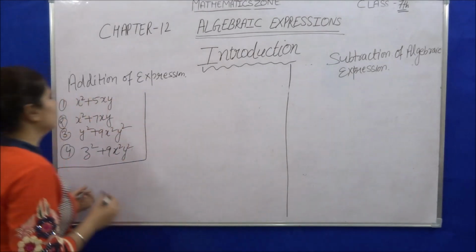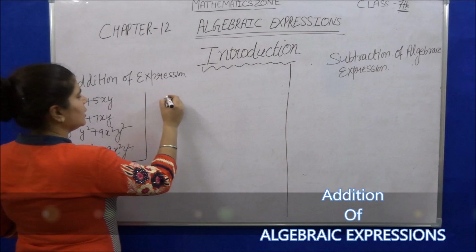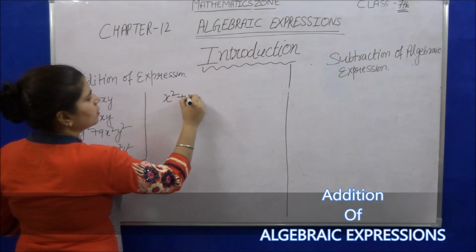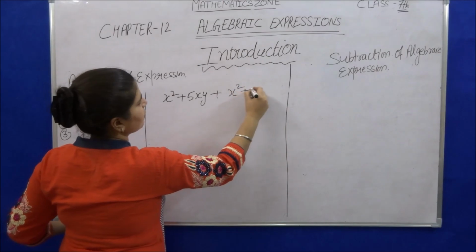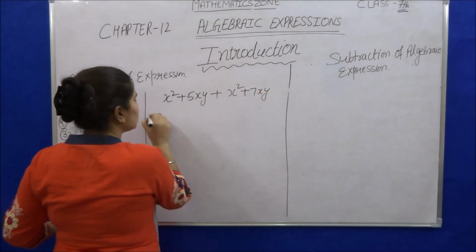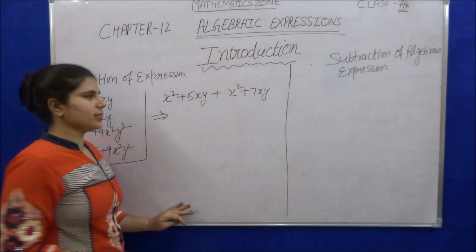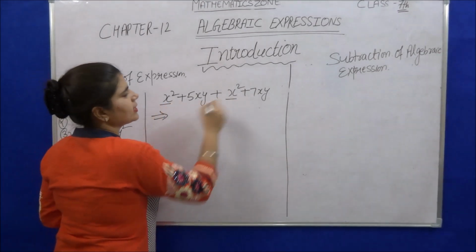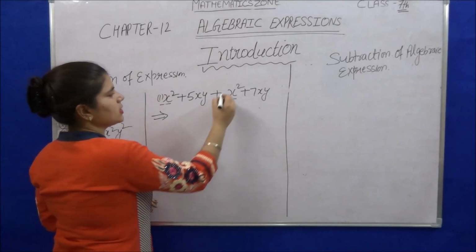So here we are given some expressions. The addition of these two expressions will be x square plus 7xy. As we have heard about like and unlike terms, x square and x square are like terms, so the coefficient of x square is 1.